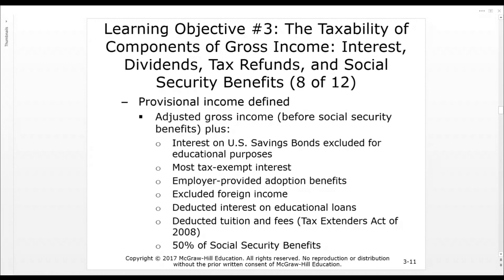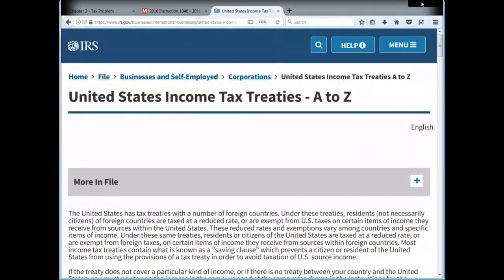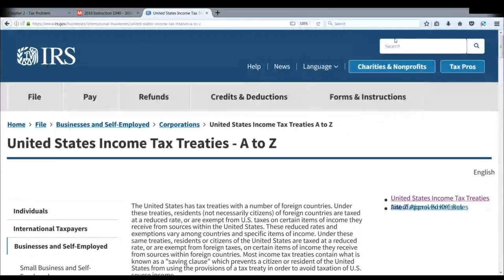So let me see here. I'm going to share this file so we can reference the tax treaties.